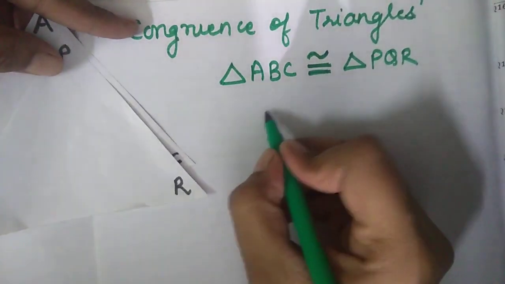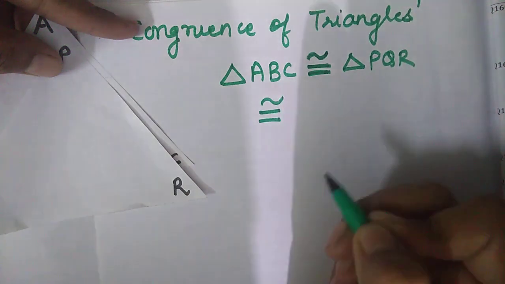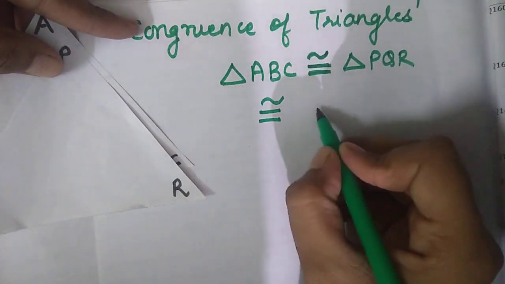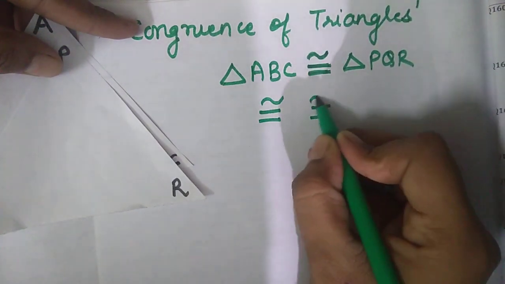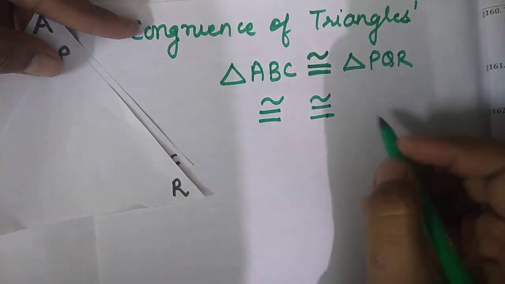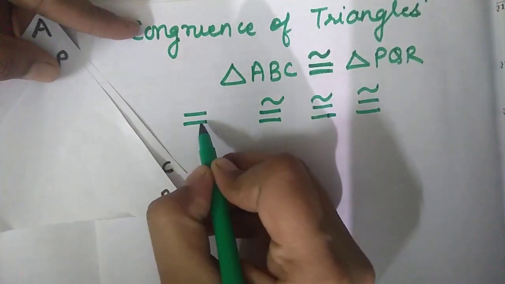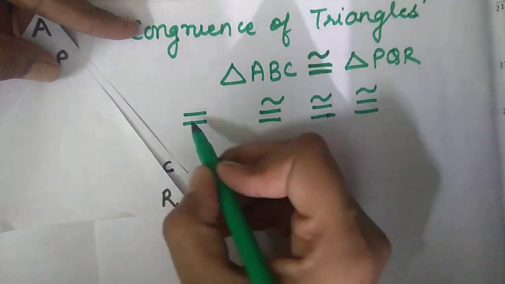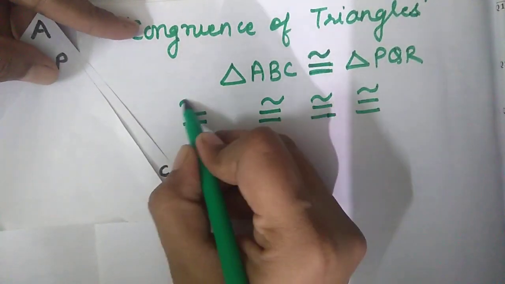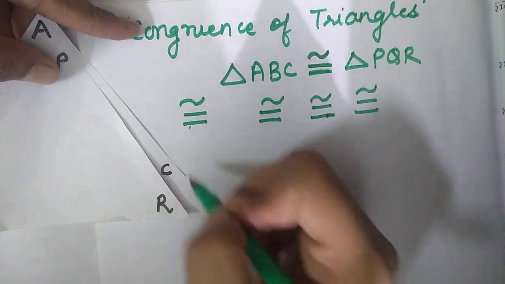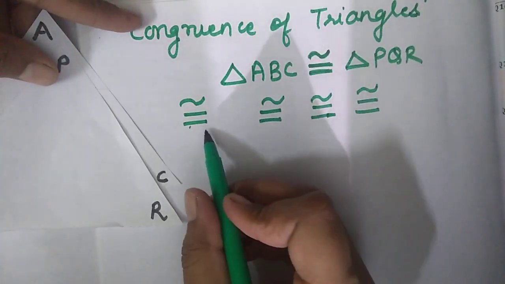Just as this is the sign of equality, that is equation, this is the sign of congruence.